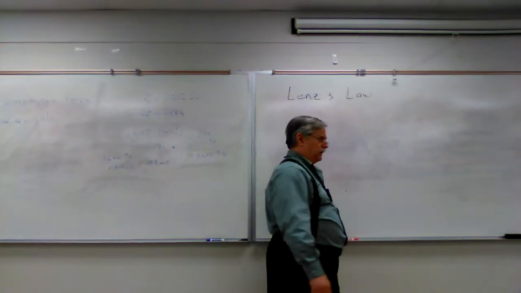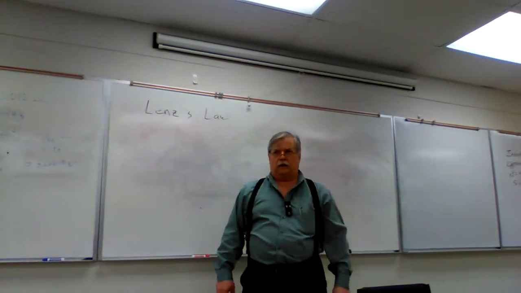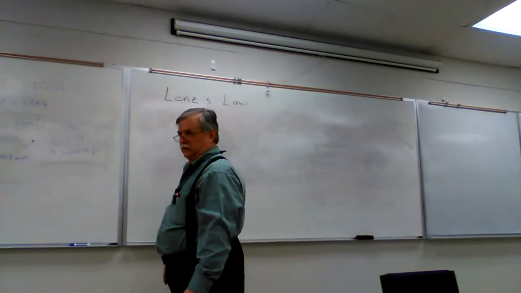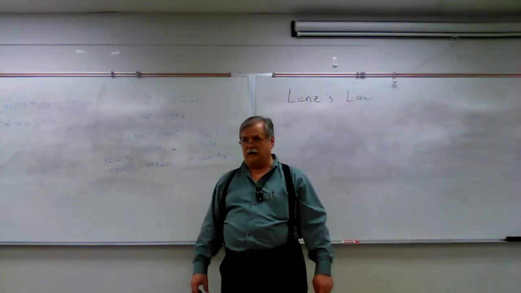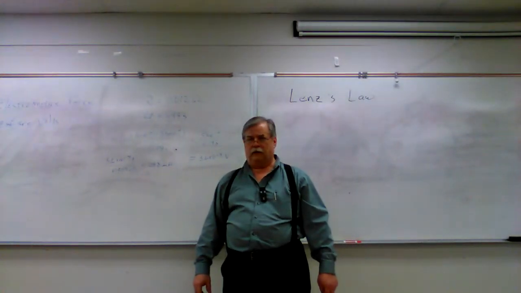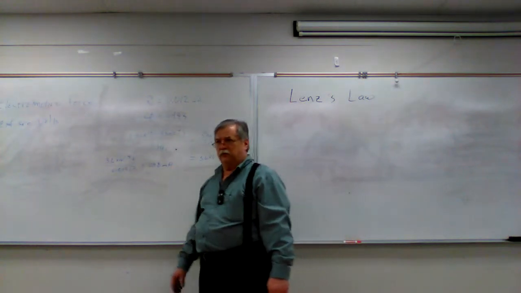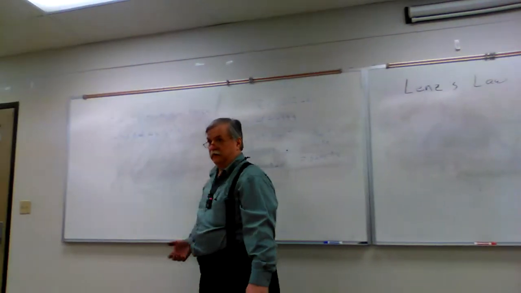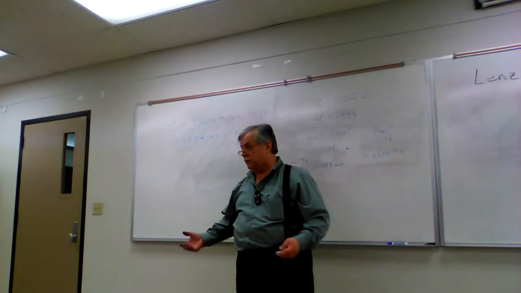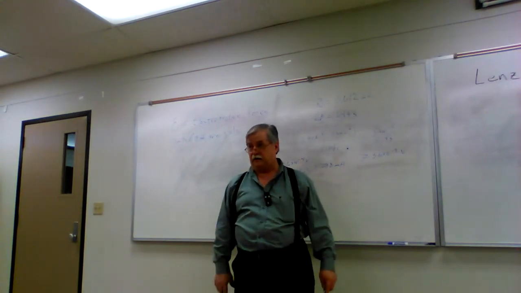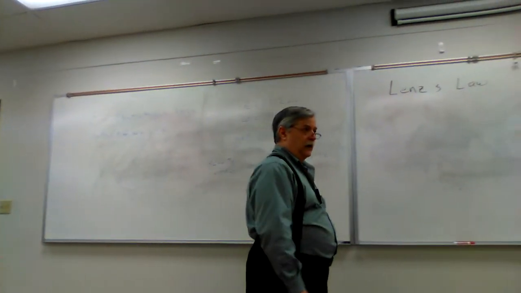Lenz's law says that any current induced by a magnetic field will always produce a separate magnetic field, because anytime you have a charge moving, it produces a magnetic field.